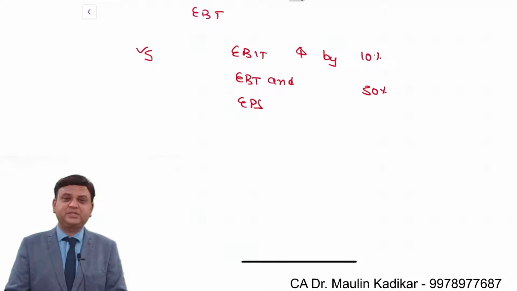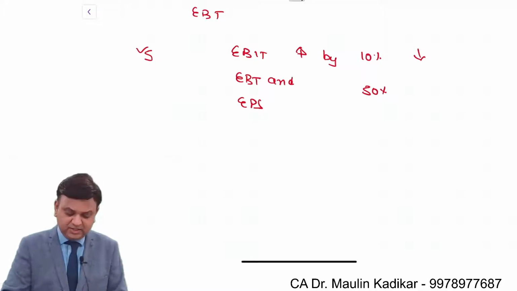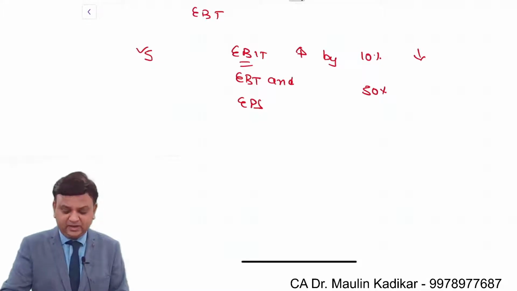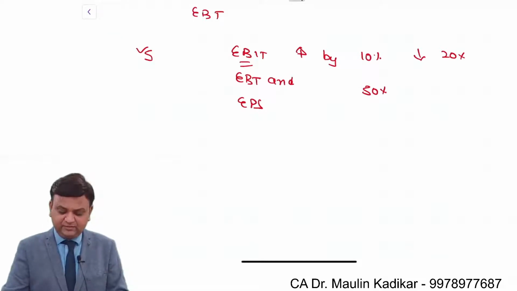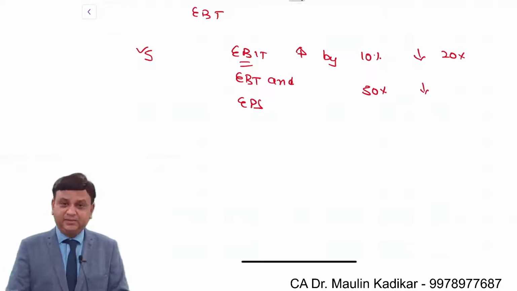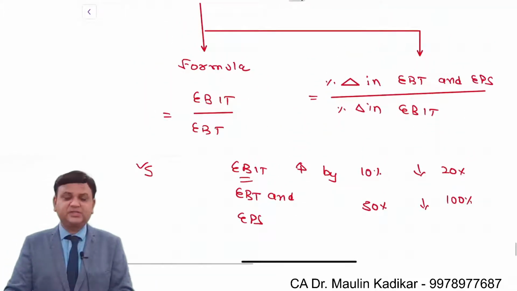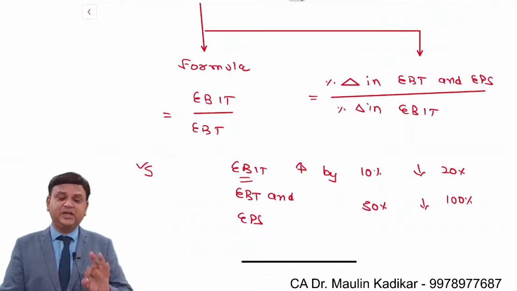How is this 50% calculated? 10% into 5. If there is a reduction in the EBIT, let us say by 20%, then 20% into 5, there is a reduction in EBT and EPS by 100%. That is what we understand with the DFL value.